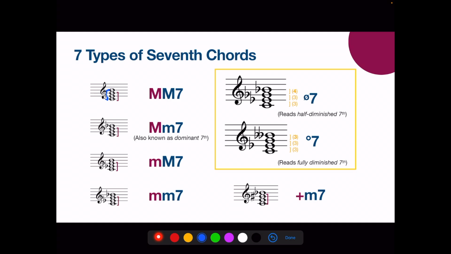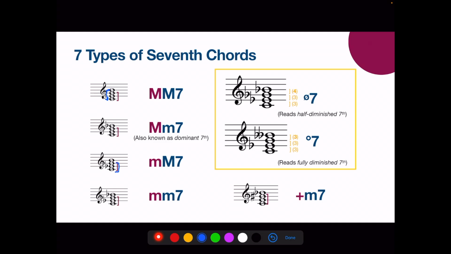So let's keep on looking at this. So the next one is a minor major 7. So the first part down here is a minor, right? C, E flat, G. If you work out the half steps, you will know that that's a C minor chord. And then from the C to the B, that's a major 7. So we have this really strange and mysterious quality, a minor major 7. And then the next one is a minor minor 7.